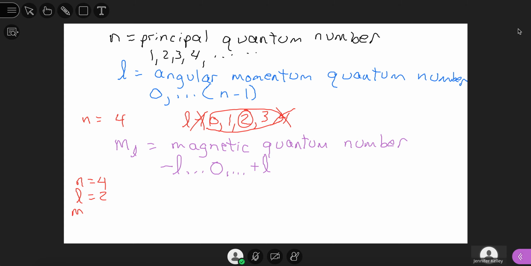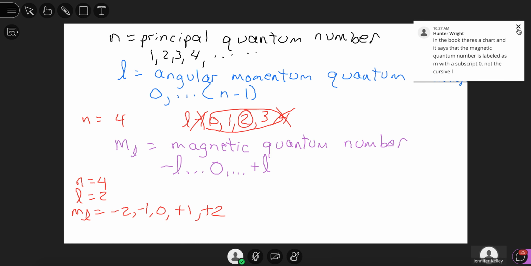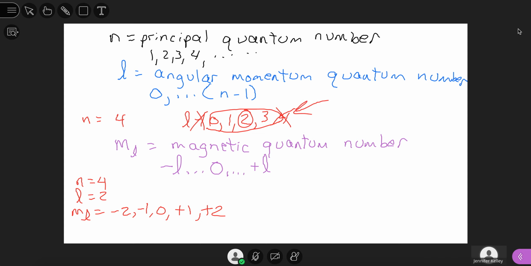Then ML could be anything from -2 to +2. And when I say that L could be any of these things, it doesn't mean that it is all of those things, just that it could be those things.